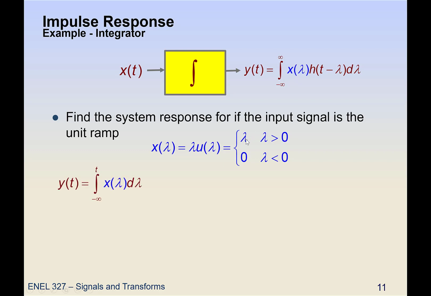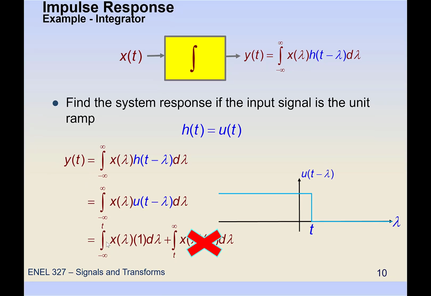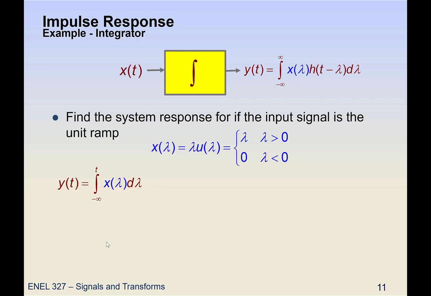So it's going to take on a slope of 1 for lambda greater than 0, and it's 0 if it's less than 0. So just from that previous slide, I'm just going to go back to it for a second. Remember that our integral for y only goes to t now. Okay, and now we're going to put this in here.